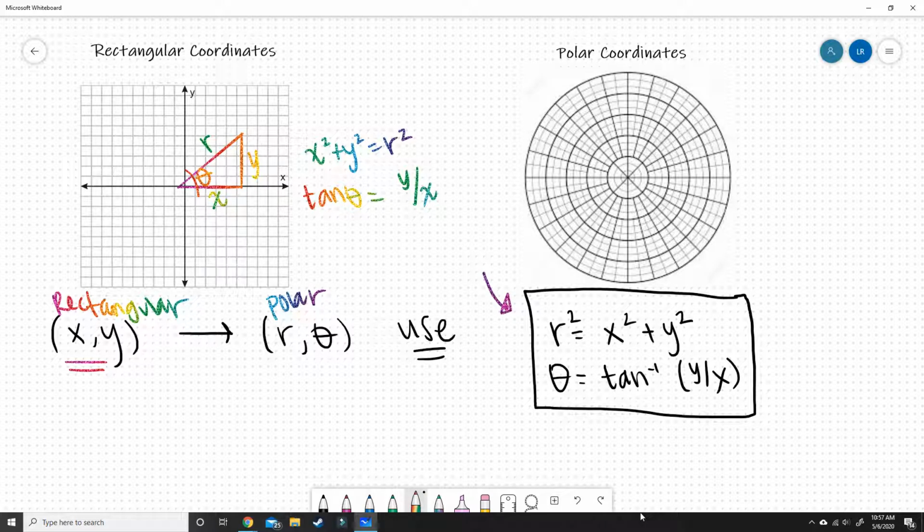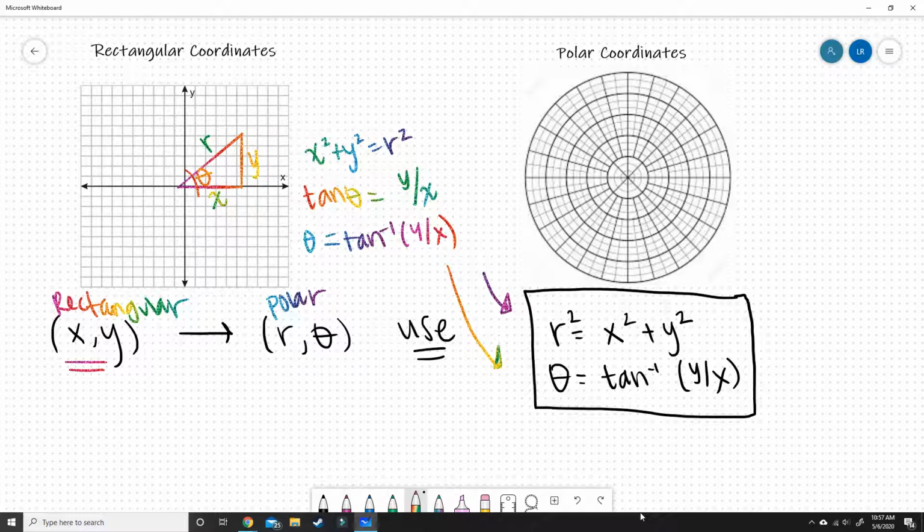And then, of course, if we want to get theta alone, we do the inverse tangent on both sides. And so that is where the second piece of this comes from. And that's how we can switch from rectangular to polar.